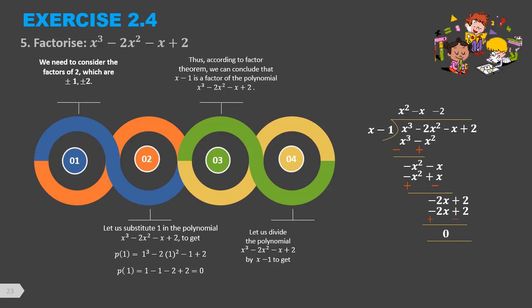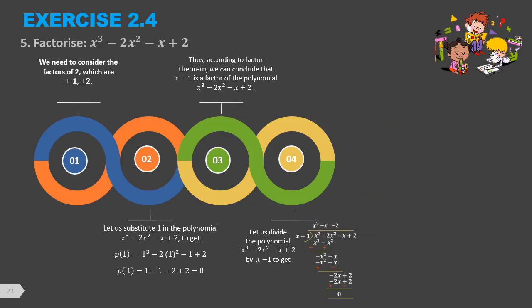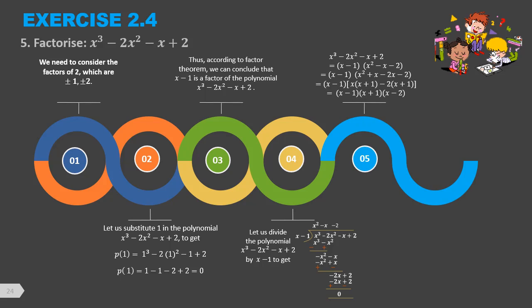Therefore x minus 1 is a factor of the whole polynomial p of x, and using dividend equals divisor into quotient plus remainder, the cubic polynomial can be expressed as x minus 1, that is the divisor, into the quotient. The quotient will be x square minus x plus 2.